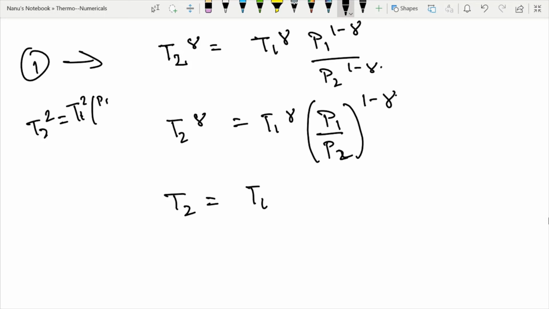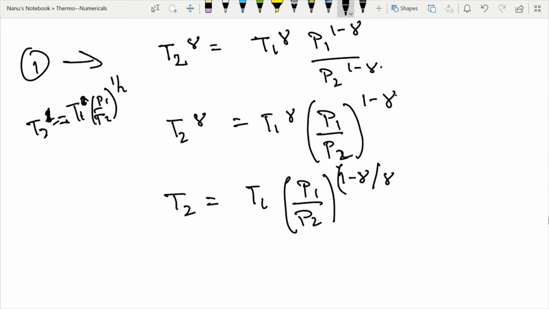If I'm square rooting, the square will go out, and for P1 by P2 this will be to the power half. So here it's rooting with this power, and P1 by P2 will be to the power 1 minus gamma by gamma. Now you see that we can input it so easily.